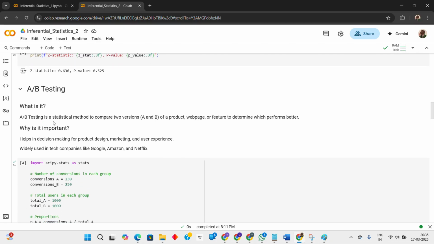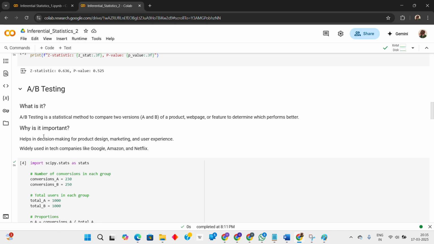A/B testing is also a statistical method to compare two versions. A is one version, second is B, either of a product or a web page or a feature. If you want to compare two different things, then we can go for A/B testing.